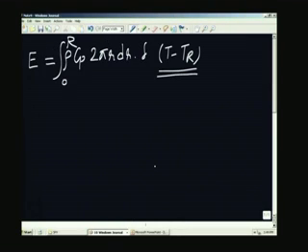So, we integrate this. I will not show the integration, it is very simple. Of course, rho is a constant, Cp is a constant, they are assumed to be independent of temperature.